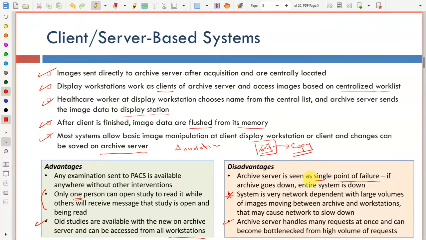What I mean is that there are solutions, but they are expensive. If you want a system that doesn't have problems with reliability, the network slowing down, or the bottleneck in handling requests, you have to put together a server that would not be cheap. It would be very expensive.